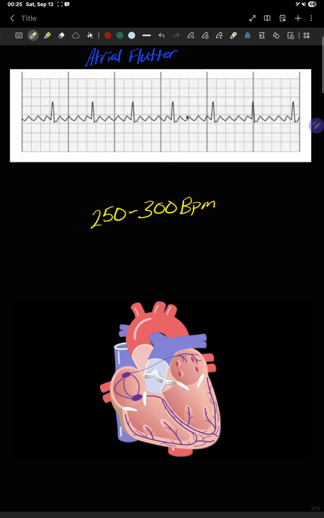However, when you're looking at flutter, it goes off of a conduction. It goes off of a ratio. So let's say that foci up here wants to send 300 beats into the AV node.